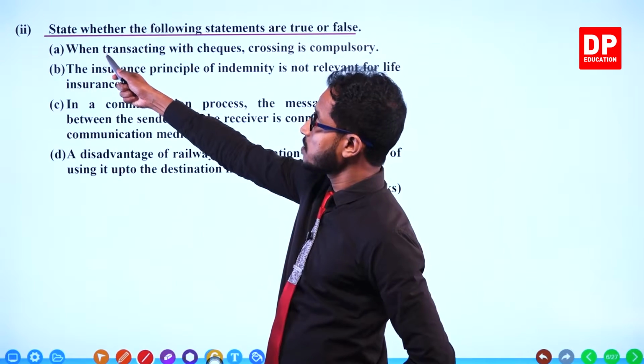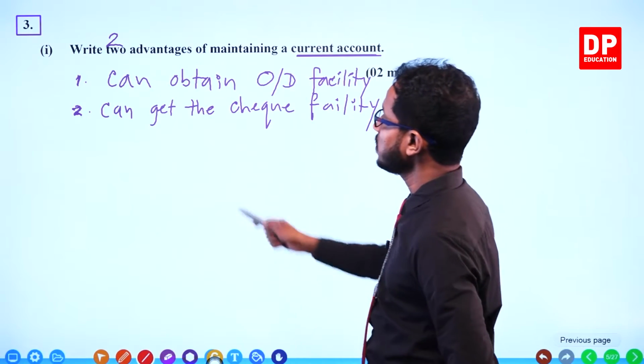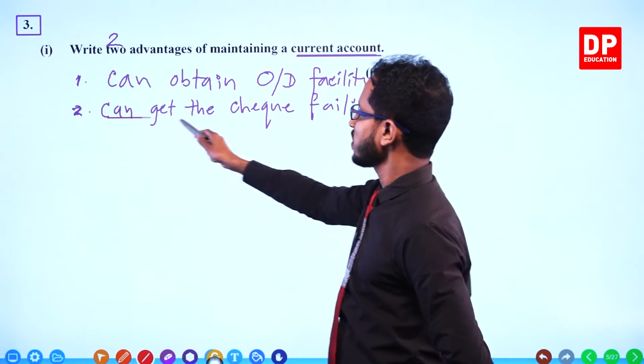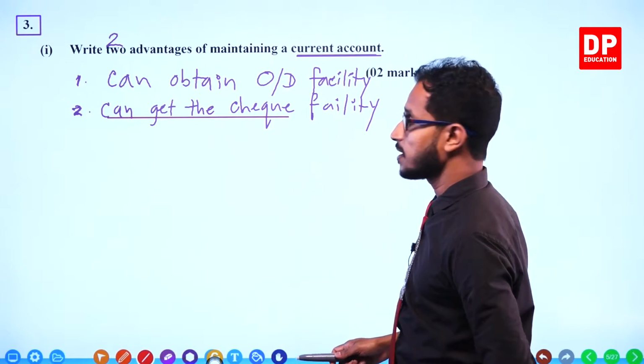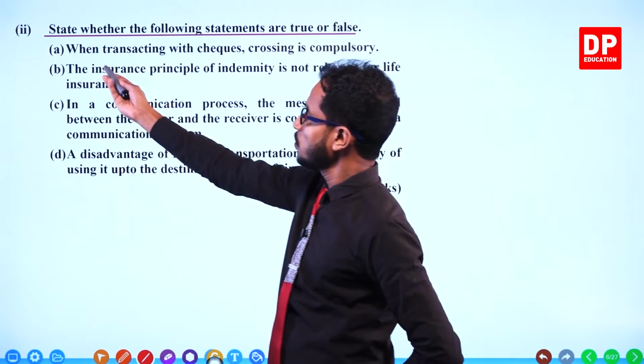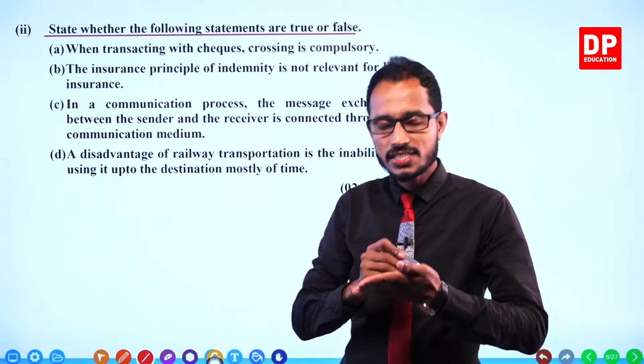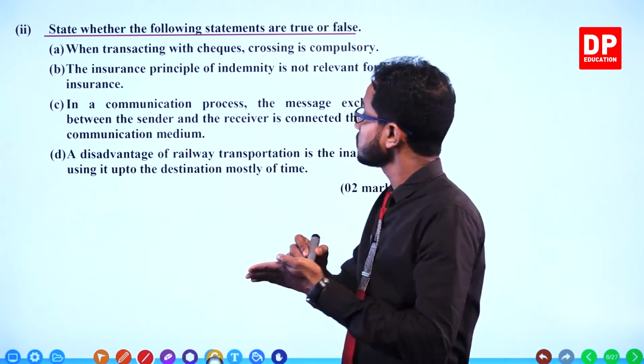When transacting with checks, just like I mentioned here, can get the check facility, but they are saying here when transacting means when doing transactions using checks.